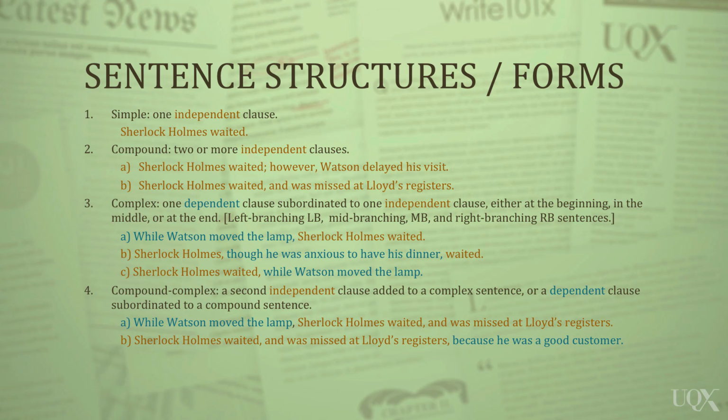There are four main sentence forms. A simple sentence is made up of one independent clause. Sherlock Holmes waited. A compound sentence is made up of two or more independent clauses, joined by either a semicolon or a coordinating conjunction, such as for, and, nor, but, or, yet, or so.